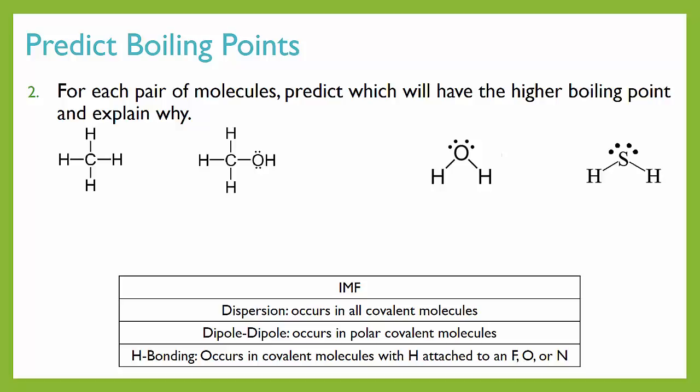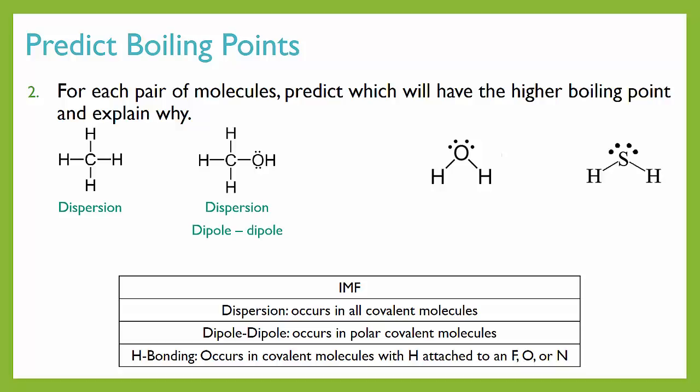Next, we've got a pair of molecules, and we want to predict which will have a higher boiling point. Methane is going to have dispersion because it is covalent. If we look at the other molecule, this is methanol. In methanol, we're going to have dispersion because it's all nonmetals. It is covalent. This molecule is actually also polar.